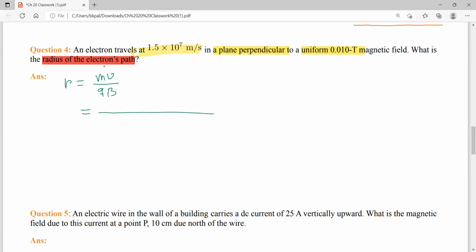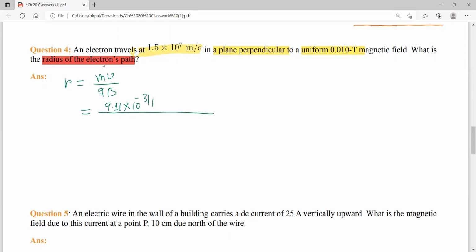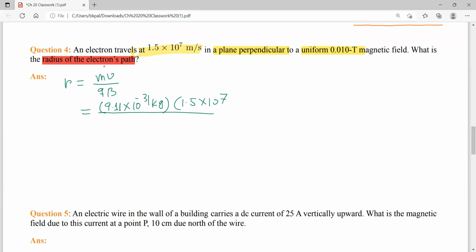Okay, so the mass of an electron is very small, 9.11 times 10 to the power minus 31 kilogram. Speed is given, 1.5 times 10 to the power 7 meter per second.